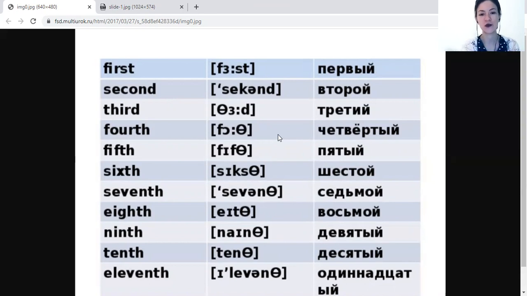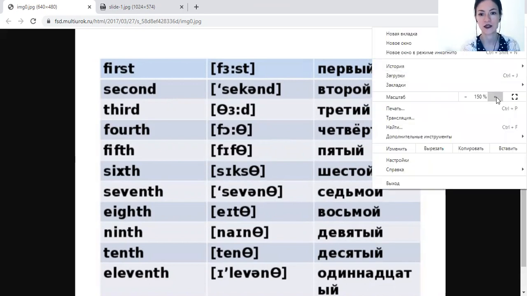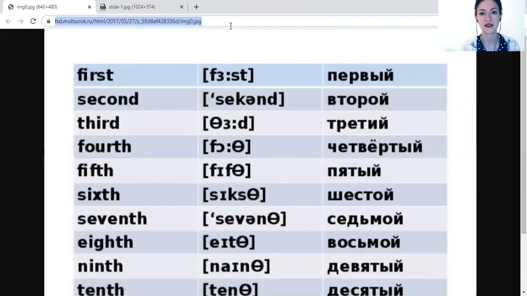So all these are in nominative case, like the first case, and all of them are in masculine gender. So I will read and I will put the accent to understand. Let's start.